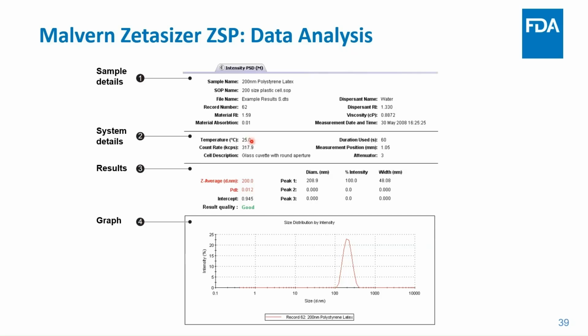Sometimes, if they're using a strange solvent or a strange set of circumstances, it's important to double check the temperature that they report and the viscosity of whatever media is. That viscosity is at temperature. That might happen from time to time. The average count rates here are also reported for this sample. It's, you know, 300,000.